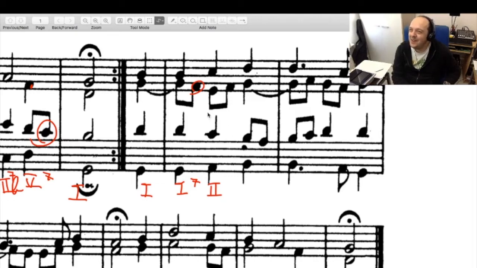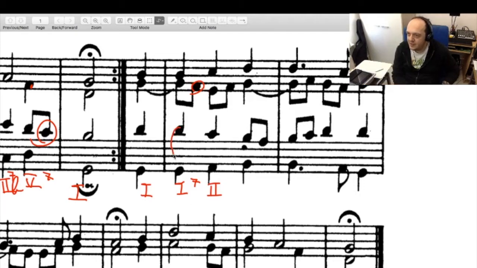Where is then the octave? Well, the octave is here between the bass and the alto. How's that other bullet dodged? Again, contrary motion. 1 voice goes down, the other voice goes up.